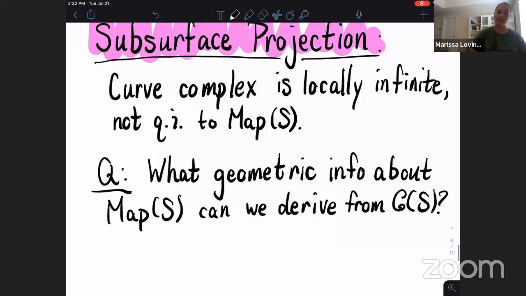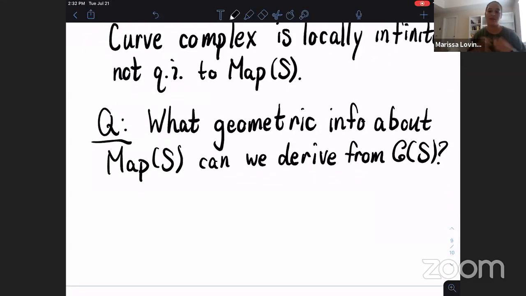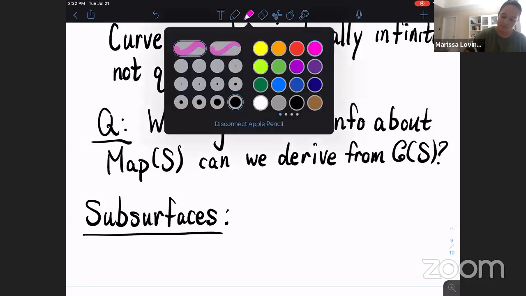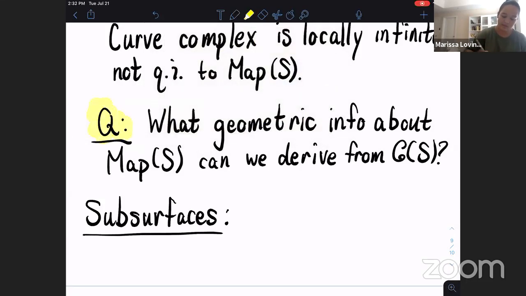We need some way to refine the information that we're gleaning from our surface. Okay, and so let's talk about subsurfaces. So this is our guiding question.